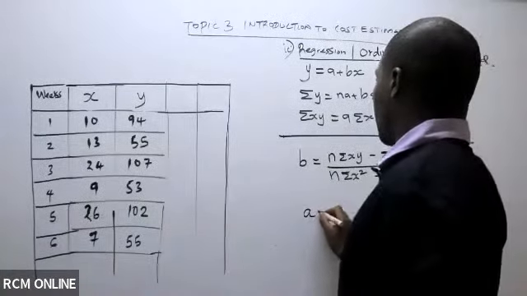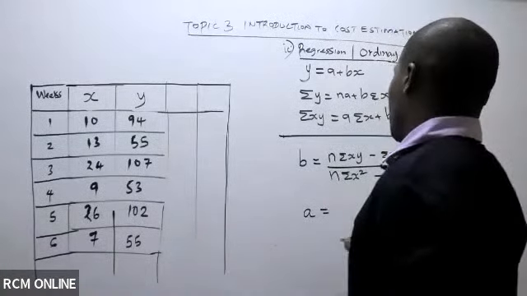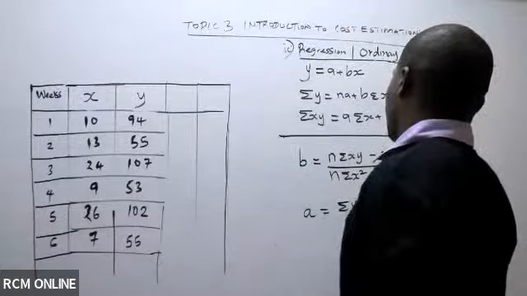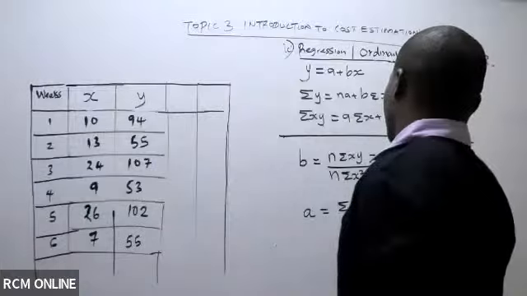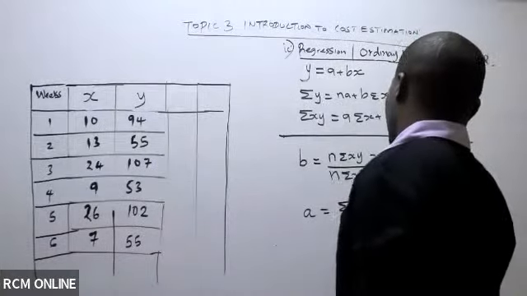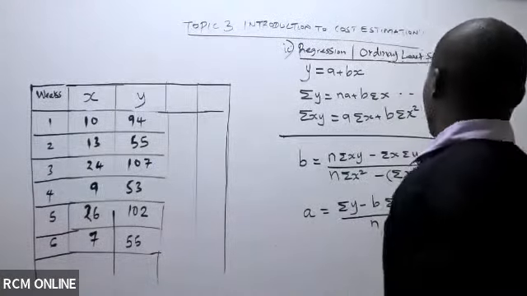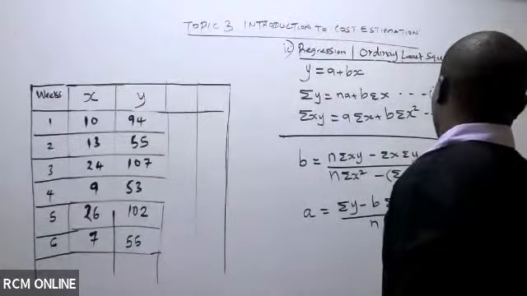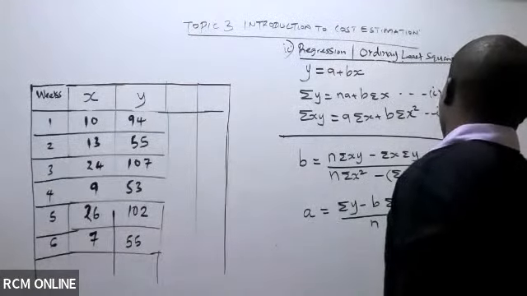Then a is equal to summation of y minus b summation of x divided by n. So this is number 3. Then this is number 4.